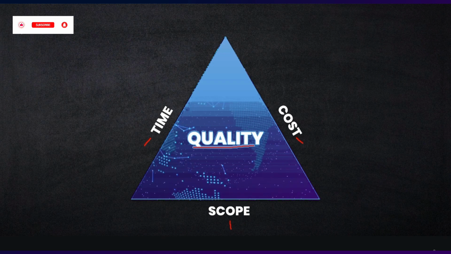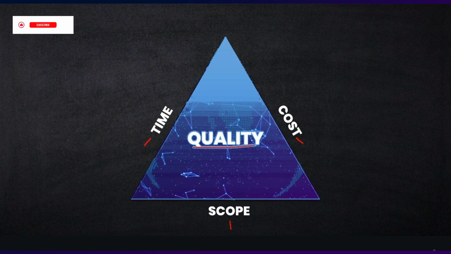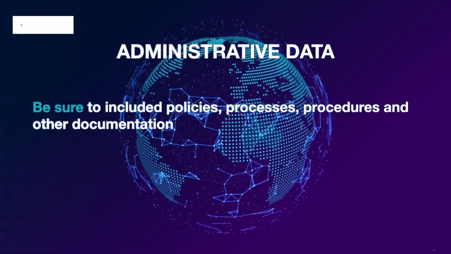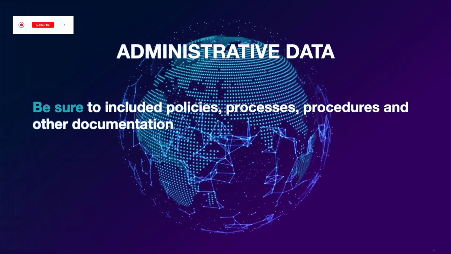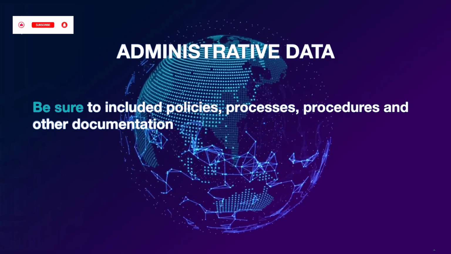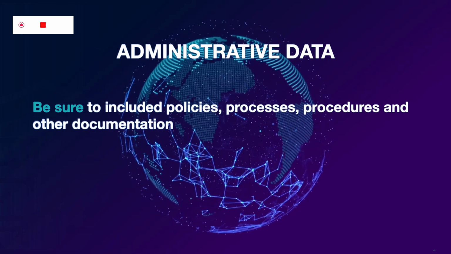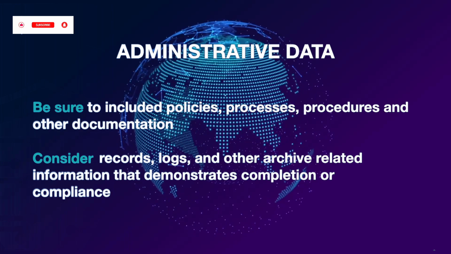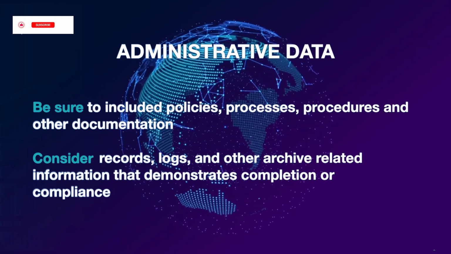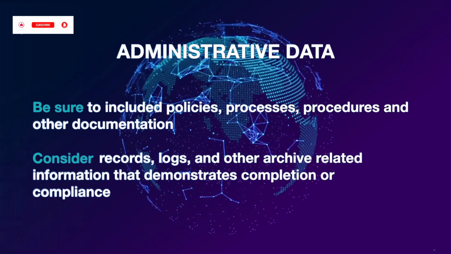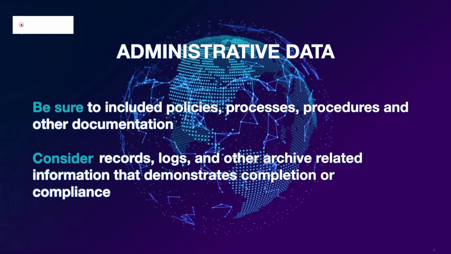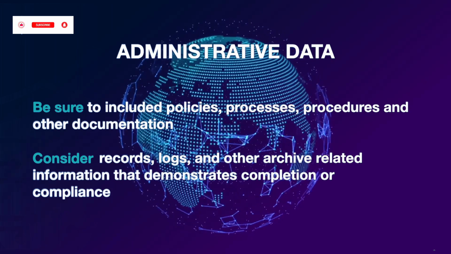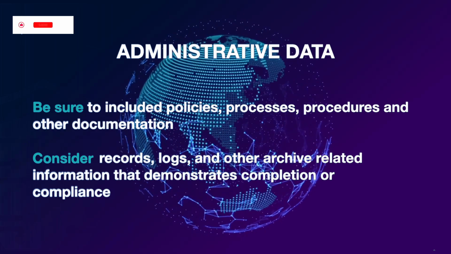That's going to determine what kind of data we need to collect to make the test the best it could possibly be. And the first place we want to start is collecting any administrative data. So we want to gather our policies, processes, procedures, and any other documentation. So we want to look for records, logs, other archive data, any of those different things that can help demonstrate completion or compliance in terms of security controls or any other previous security assessment as well.